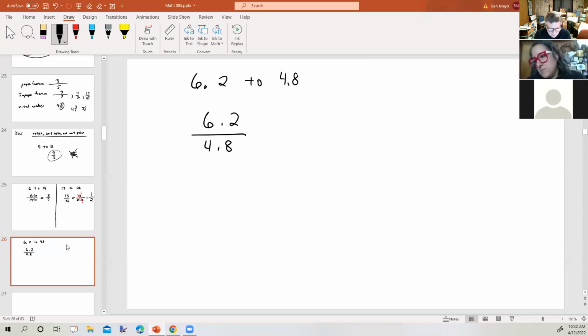I need to move the decimal one place on the top and one place on the bottom. Whatever I do to the top, I have to do to the bottom. If I multiply the top by 10 and the bottom by 10, we talked about yesterday, multiplying a decimal number times 10 moves the decimal point one place to the right. So this would become 62. And on the bottom, one place to the right, this would become 48.